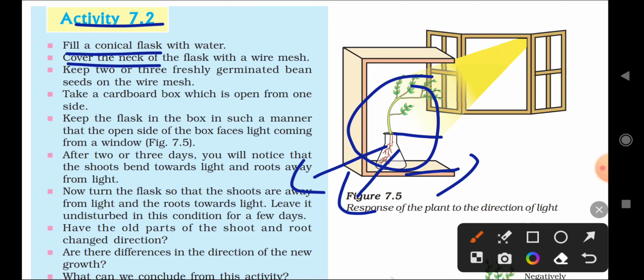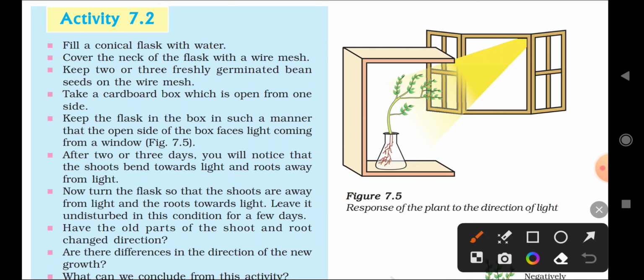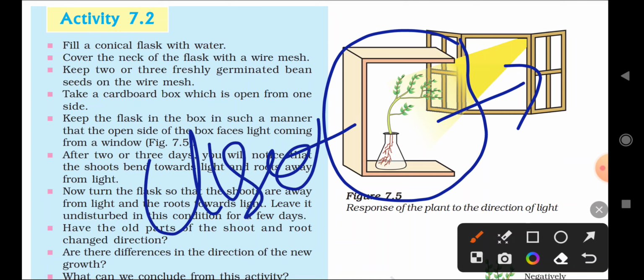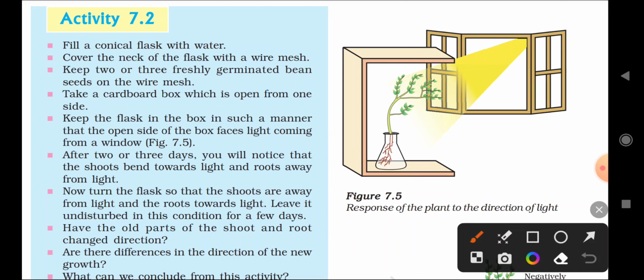Take a cardboard box which is open from one end. It should be open on one side and closed on the other side. It should be placed near the window so light can pass through to the plant. A very simple experiment. Keep the flask in the box in such a manner that the open side of the box faces the light coming from the window.